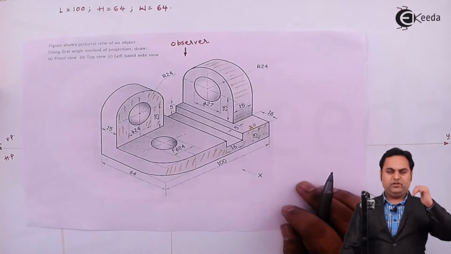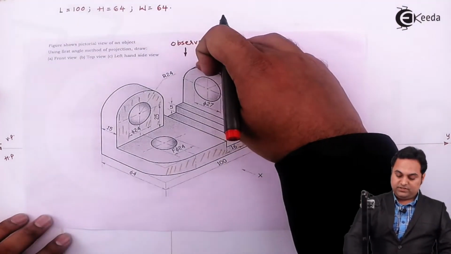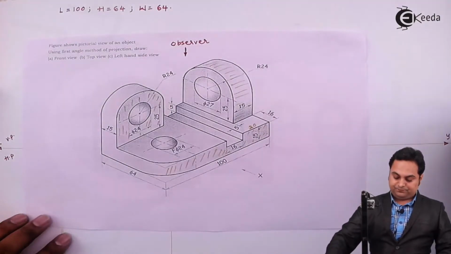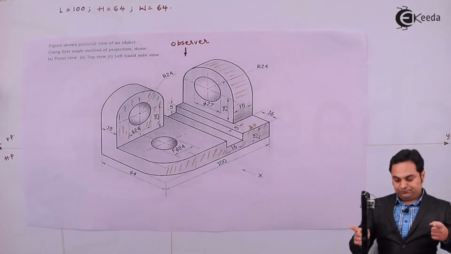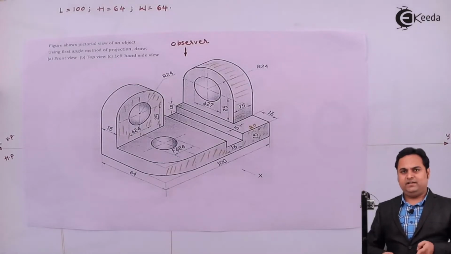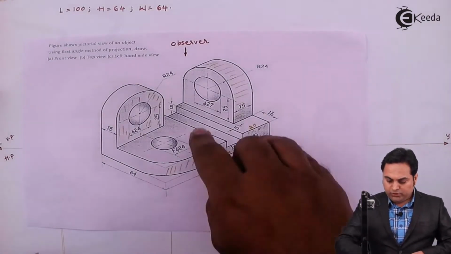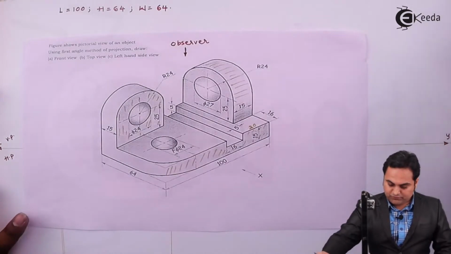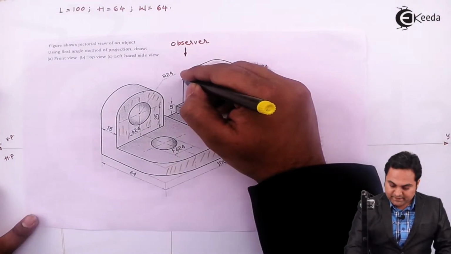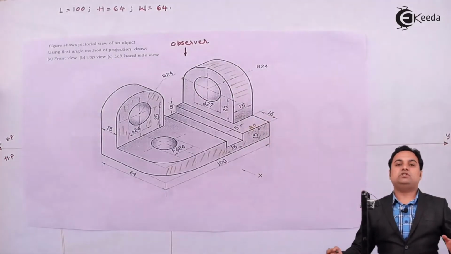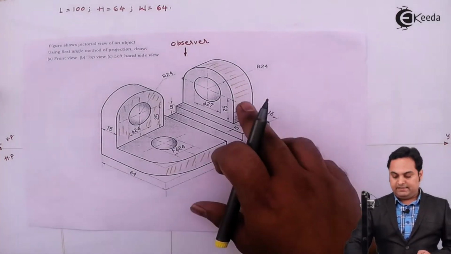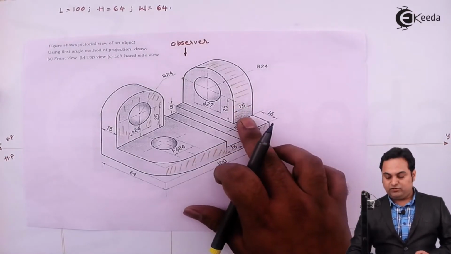Now when we look from top, this semicircular part again will be seen as a rectangle. The width of the rectangle will be equal to the diameter of this semicircular part, from here till here. Radius is 24, so diameter is 48, and this semicircular part has a length of 15.